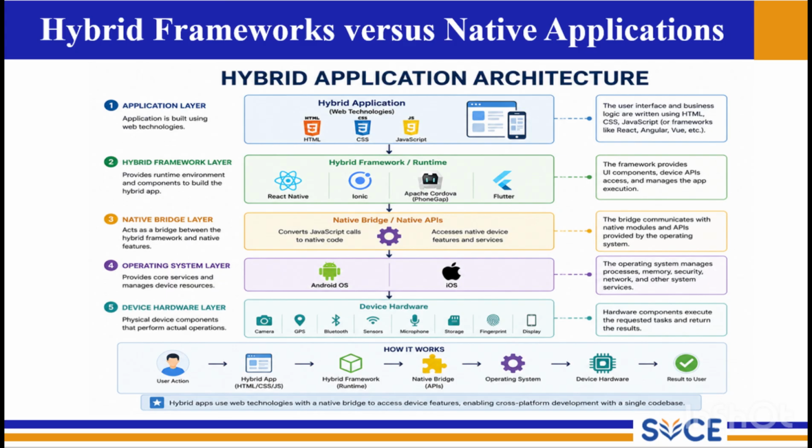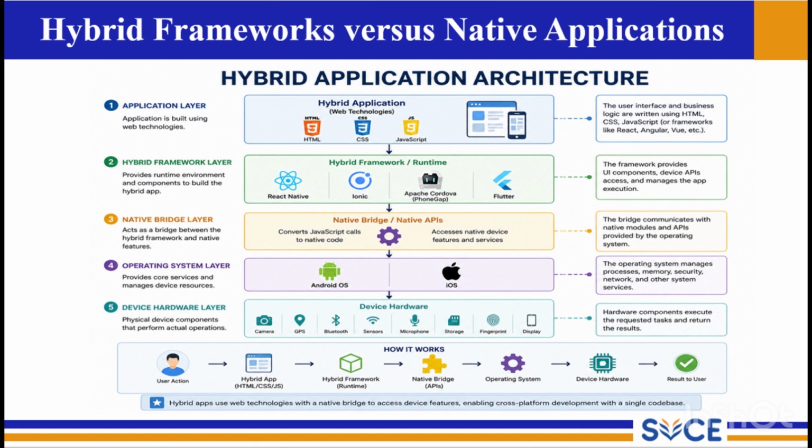After the image is captured, the hardware sends the result back to the operating system. The operating system passes it to the native bridge. The native bridge converts the response back into JavaScript. Finally, the hybrid framework delivers the result to the application and the captured image is displayed to the user.